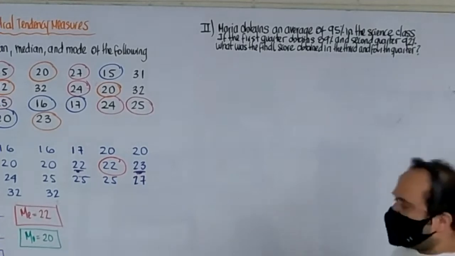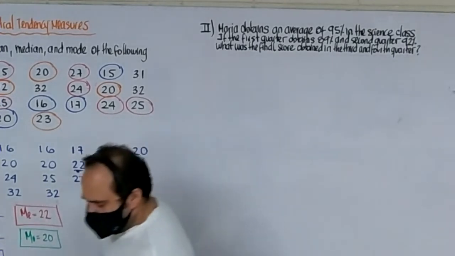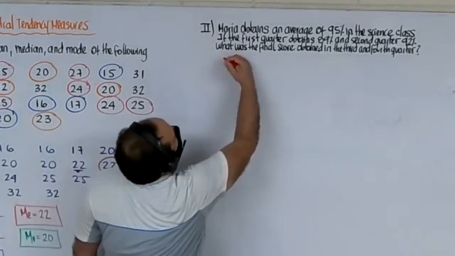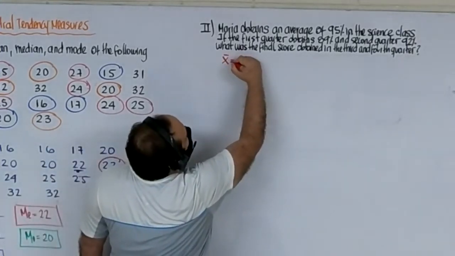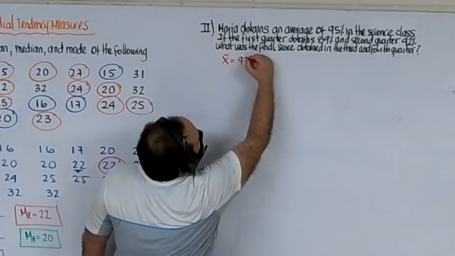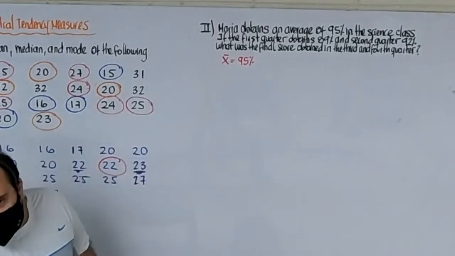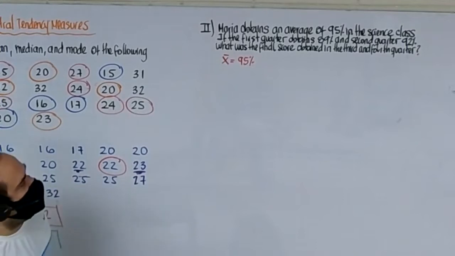According to this information, the arithmetic mean in this situation will be 95%.